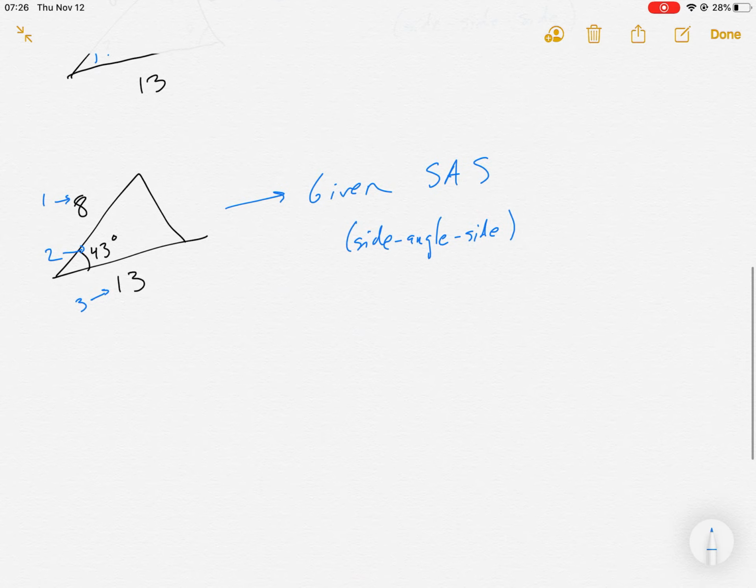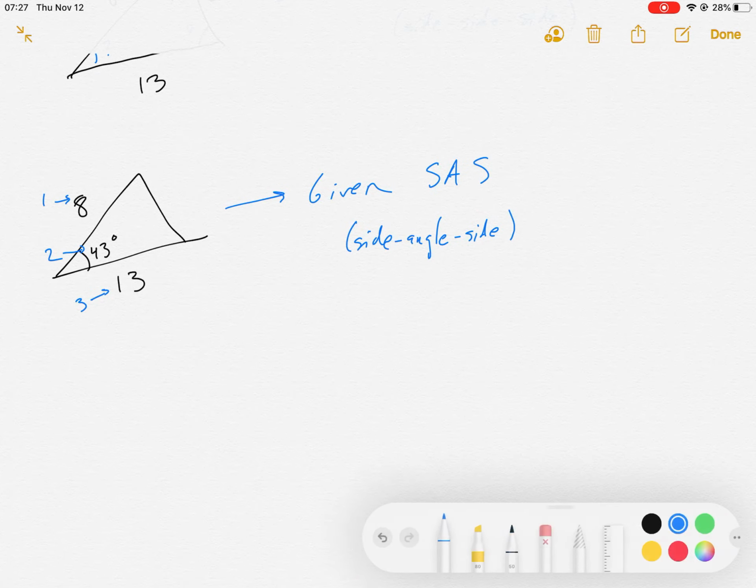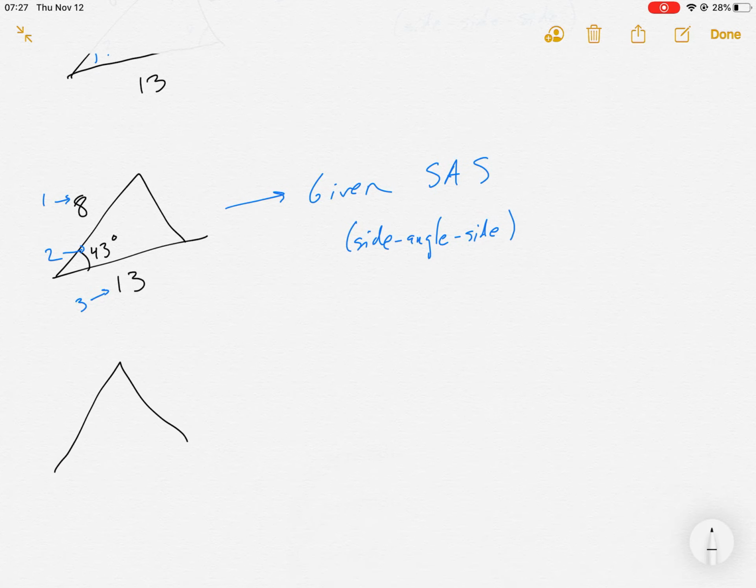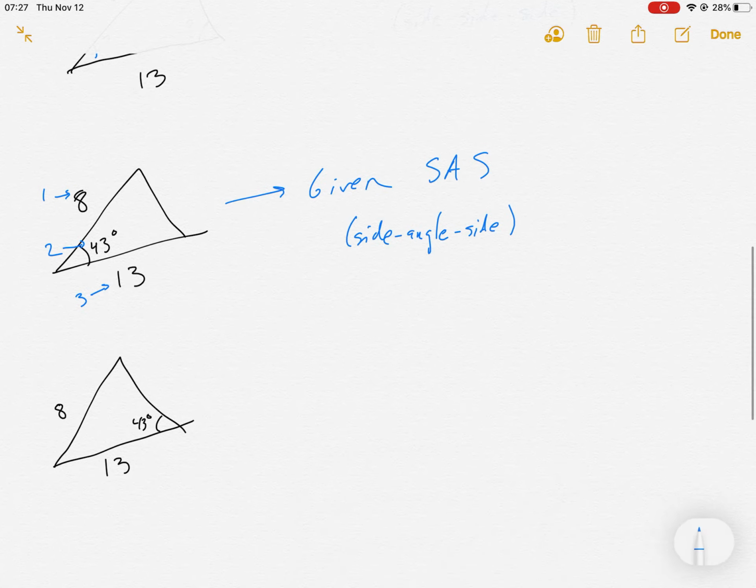Whereas if I'm given, let's say it was 8, 13, and then I got this angle, this time we're given side, side angle because I could start here, and then I would go here.